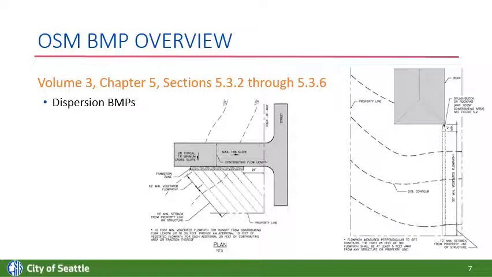So for dispersion BMPs, the flow path requirements have been updated. Figures 5.3, 5.4, and 5.5 have been updated, demonstrating the flow path requirements. The precise flow control credits, the various tables in the manual, have also been updated, and continuous modeling assumptions have also been updated for dispersion BMPs. The clarifications include portions of a site that may be fully dispersed with a vegetated flow path of at least 100 feet.